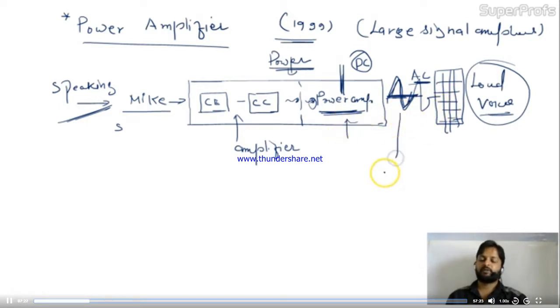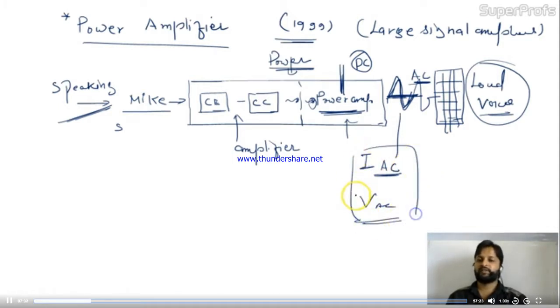So at the output stage we are getting high AC. In the power amplifier at the output stage, the current will be very high and the voltage will also be very high. So AC current and AC voltage both will be very high at the output stage of the power amplifier.